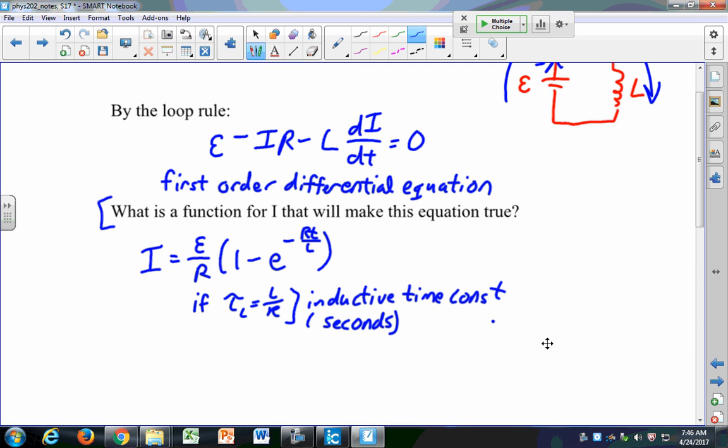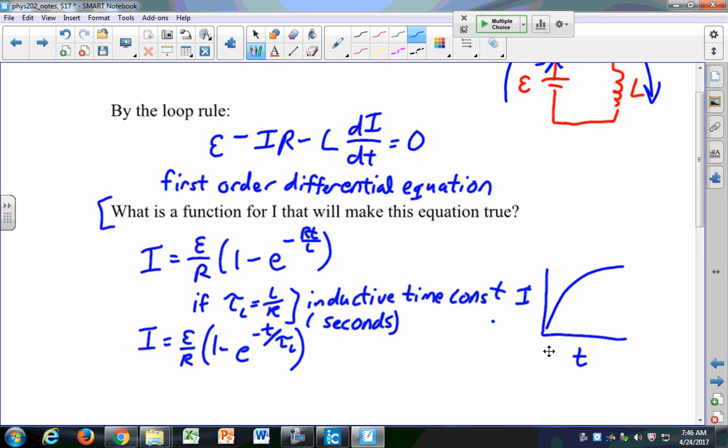So if I do that, then I can rewrite this. I get I is equal to E over R times 1 minus e to the minus t over tau L, just like we had for RC circuits. And notice that if you recall, if I write my current versus time, just like we had for RC circuits, this is an exponential growth function.